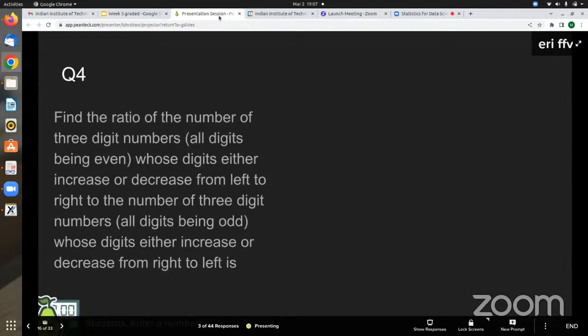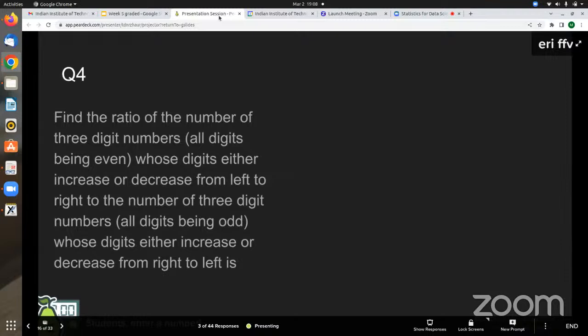You have to select either the even numbers 0, 2, 4, 6, 8 or odd numbers 1, 3, 5, 7, 9 and form a 3-digit number. It should be in increasing order. If you are selecting 2, then the other numbers should be 4, 6. If you are selecting 4, then 4, 6, 8, and 2, 6, 8 is also possible.